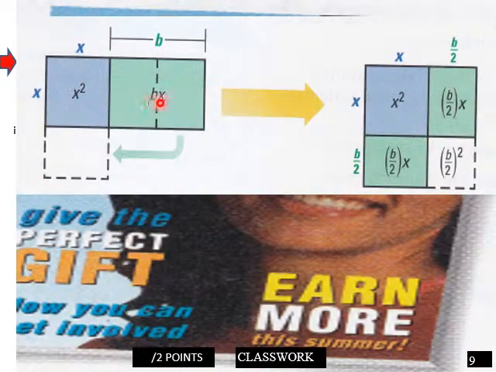So we have x squared and bx, so one half bx. So we have b over 2 squared here. That's the idea, because you're removing this, so now you have this space to fill. When you remove that and stick it underneath here, it makes a perfect square.